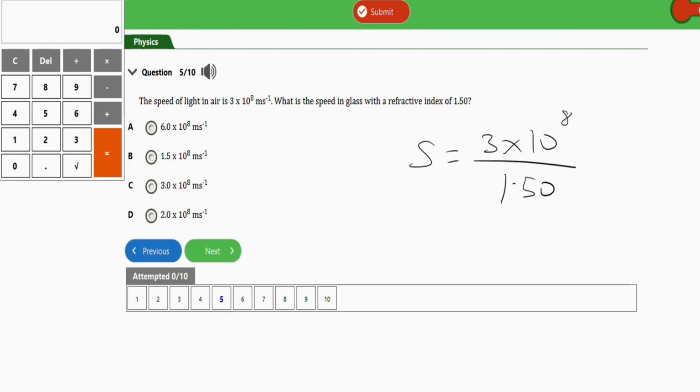Let's punch this in a calculator. 10 to the power 8 means 1 followed by 8 zeros. That's basically 100 million. So 100 million times 3 gives us 300 million.